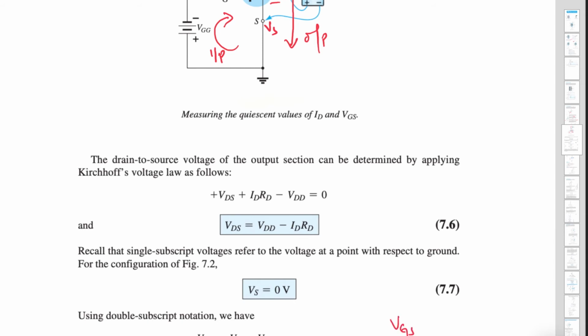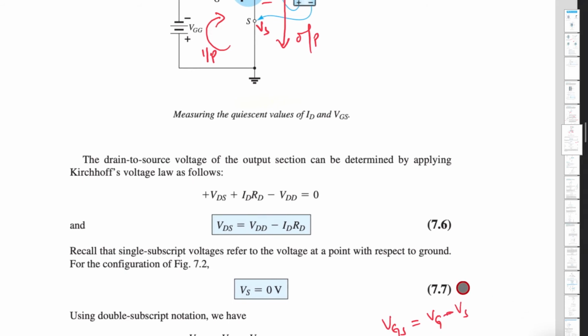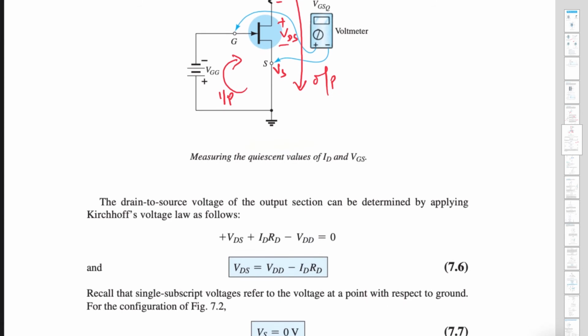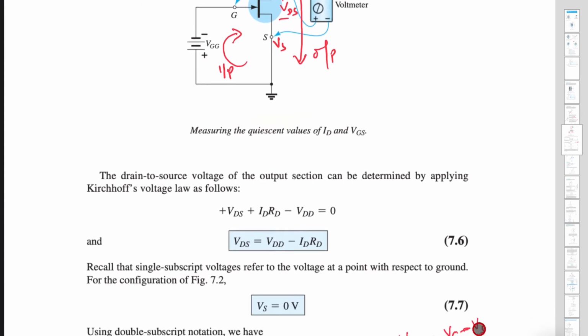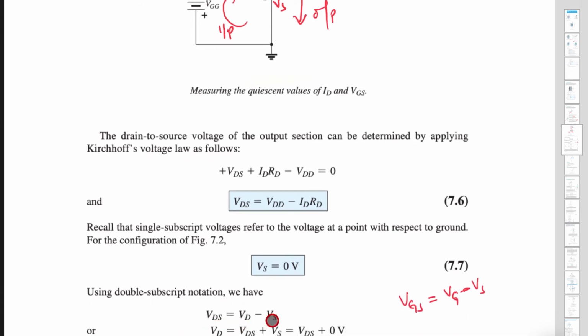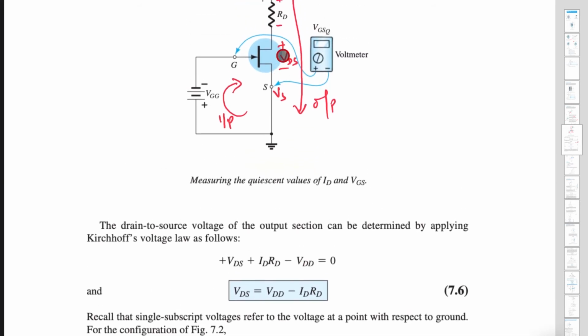If you want VGS, you simply have to write VG minus VS. G to S means G to S. The way we have come from VDD positive to ground is the same thing: higher potential to lower potential, because current flows from higher potential to lower potential. So VDS is equal to VD minus VS. We have already seen VS is 0 volts. So what is VD? You have measured this, correct? You have measured this.